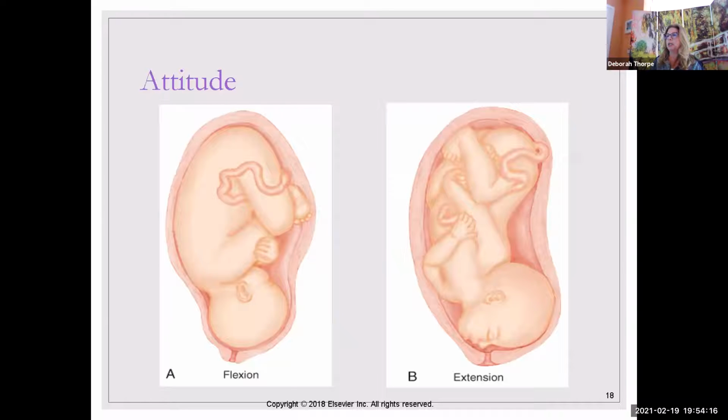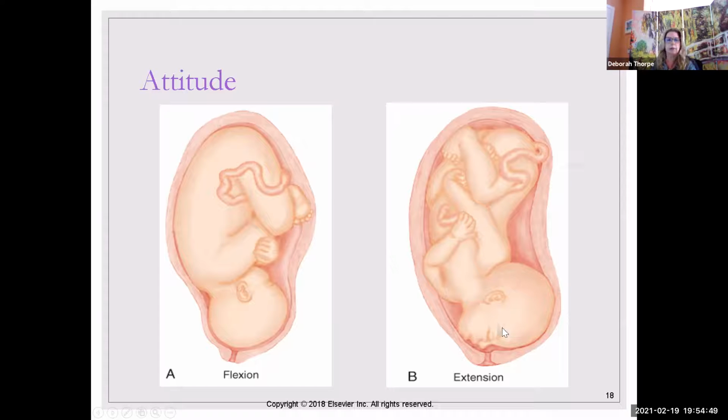And attitude is basically the fetus in relation to the body parts to each other. So here, this baby is flexed inward. So he's where he needs to be, so that when this head starts coming down and he is starting to turn and putting up his head, he's going to come out, his shoulders should do fine.